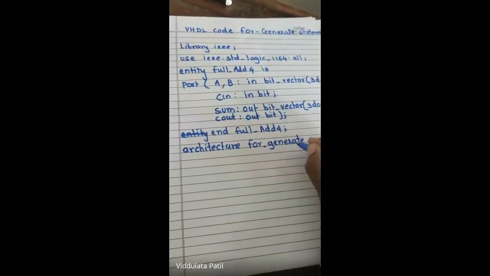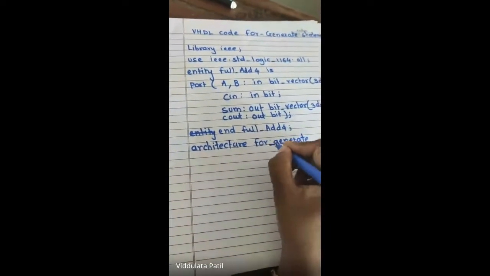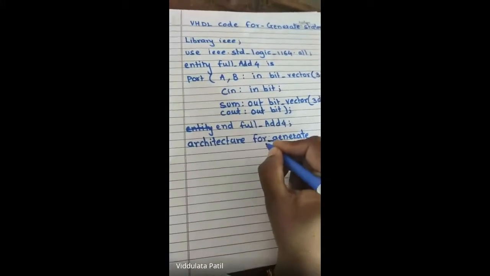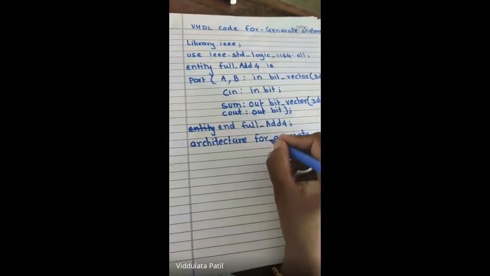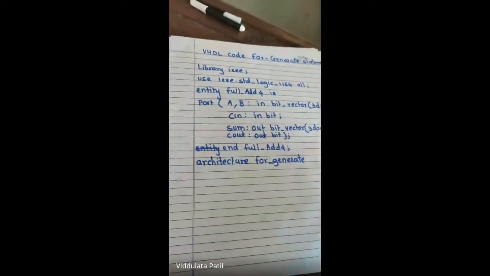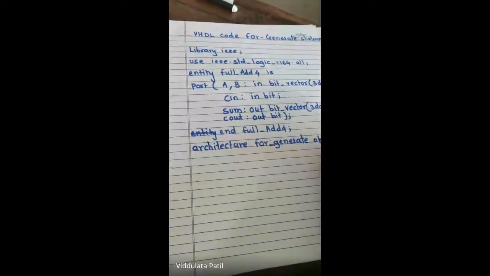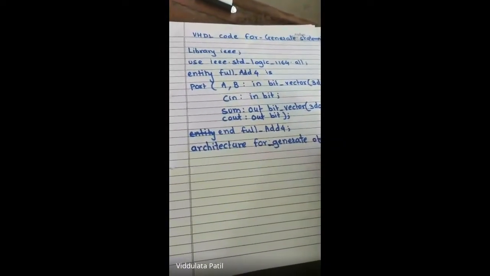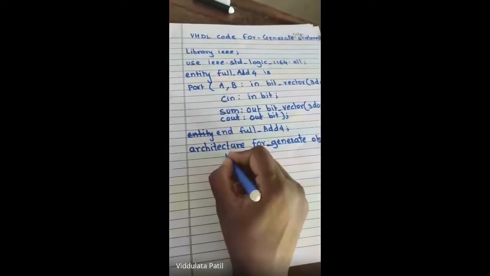Okay, though for and generate are keywords, for_generate is not a keyword, because we have used underscore here, so we can use it. So of full_add4 is okay.